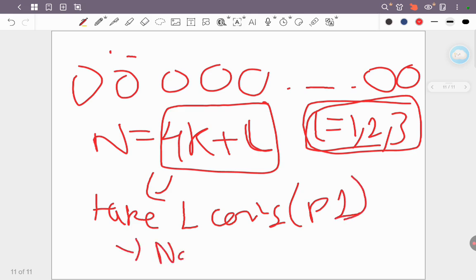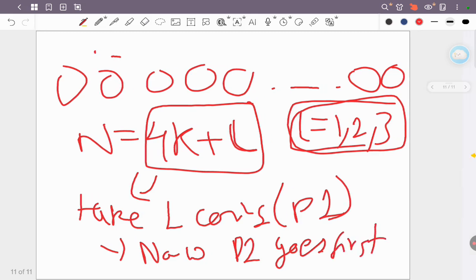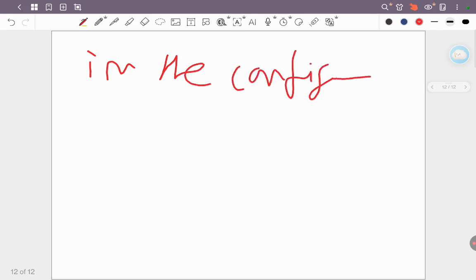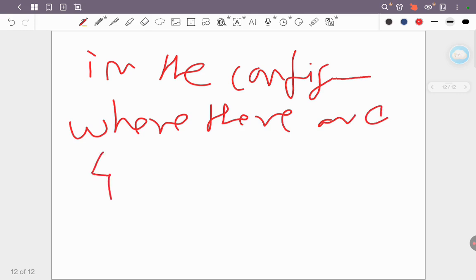Now player 2 goes first in the configuration where there are 4k coins.